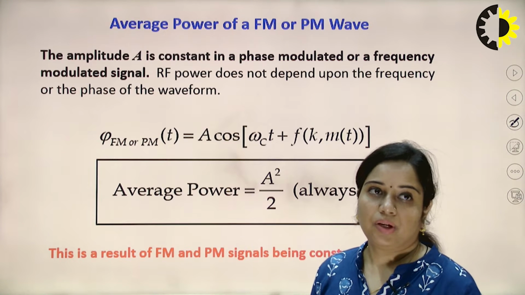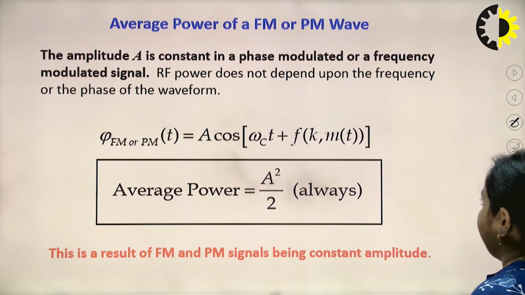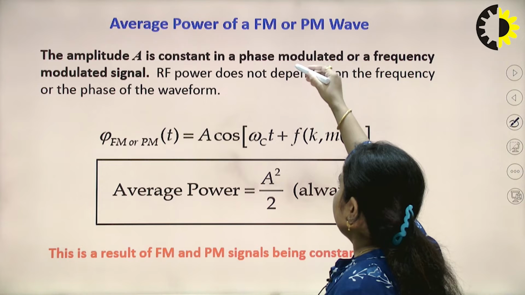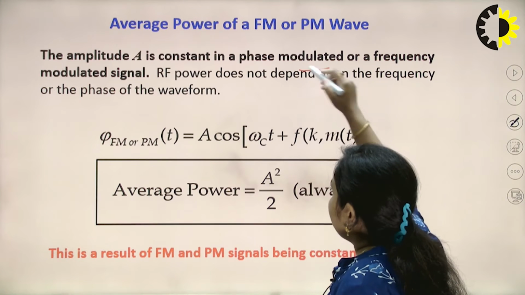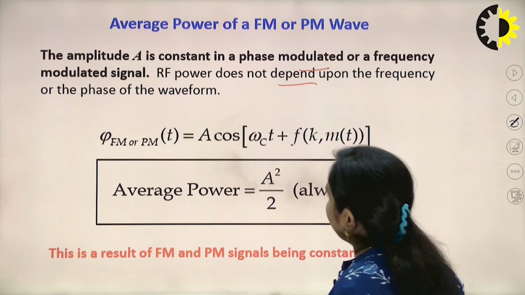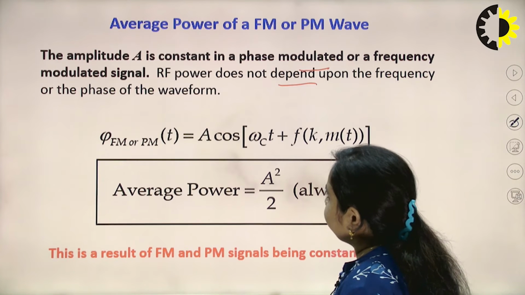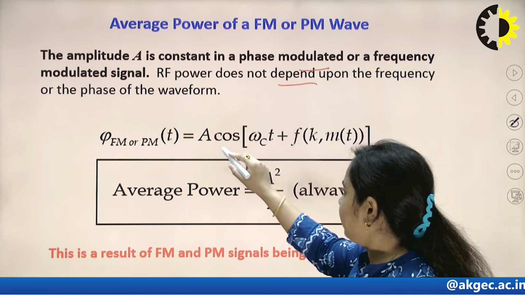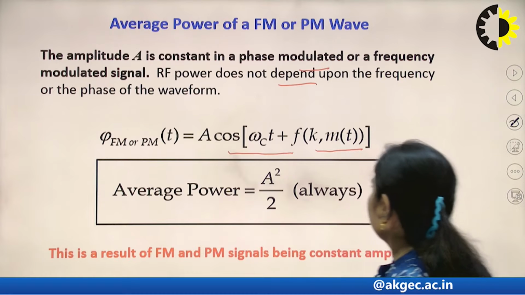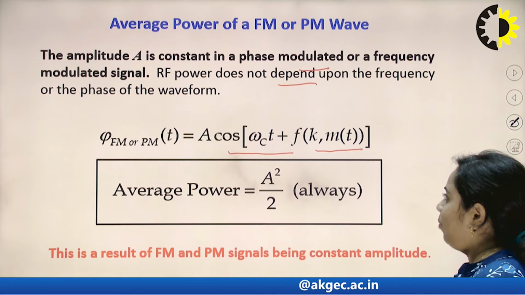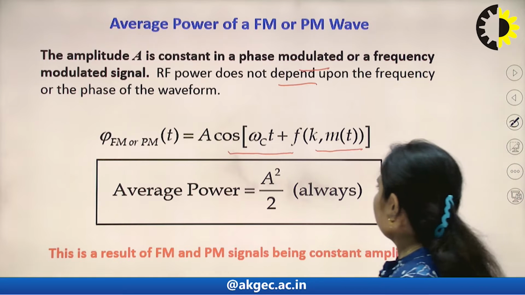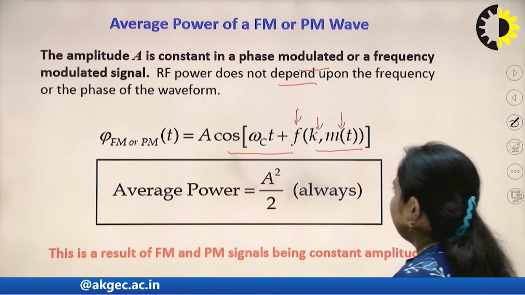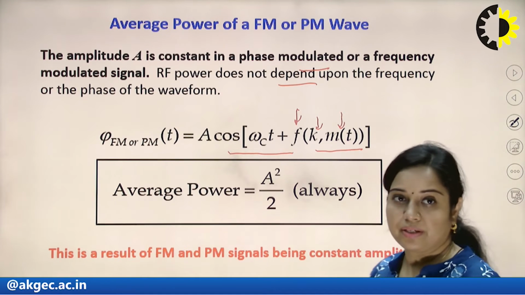Now we are going to calculate the average power of an FM wave or PM wave. The amplitude A is kept constant in PM or FM. RF power does not depend upon the frequency or the phase of the waveform. So phi FM or PM can be written as A cos omega ct plus f of k comma mt. So that is a function defined of two parameters k and mt. Mt is the message signal, k is the constant, that is frequency sensitivity kf.